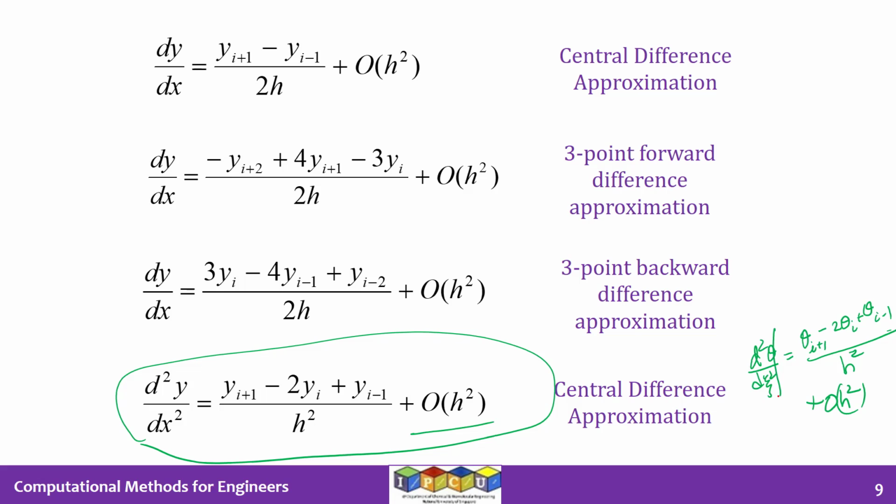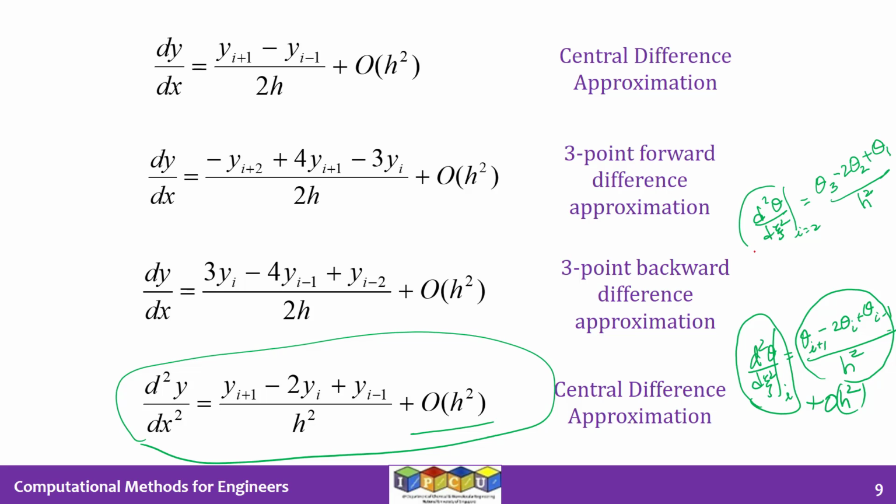So at grid point I, I'm going to be able to replace this derivative by its finite difference approximation, which is given on the right hand side. So at grid point psi 2, d2 theta by d psi squared at I is equal to 2 will be equal to theta 3, because theta I plus 1 is theta 3, minus 2 theta I, which will be theta 2, plus theta I minus 1, which will be theta 1, divided by h squared.